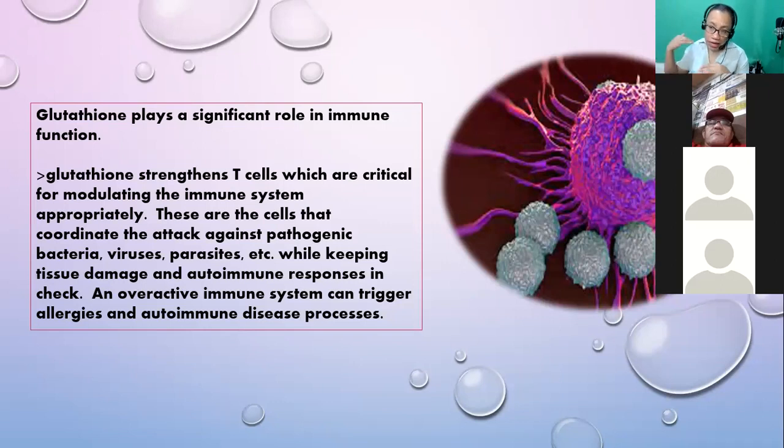So pag nag-overreact ang ating immune system, lahat ng mga kasamang histamines, mga cytokines na tutulong sa pagsugpo ng foreign substance or yung foreign material na pumasok, ma-overproduce din. So an overreactive immune system and overproduced cytokines and chemokines, lipokines, lahat na ng mga chemicals na kailangan sa pagsugpo ng kalaban ay overly produced din. So what happens, there will be an inflammatory reaction of the entire body.